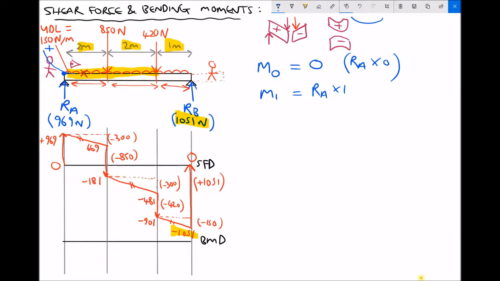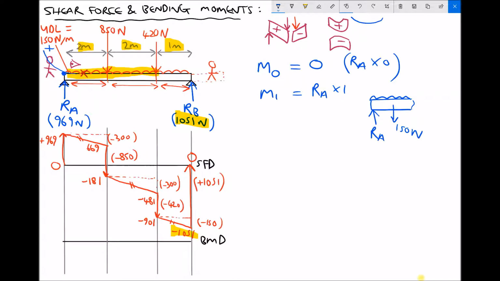So let's do an exploded view of what we're seeing there. When we're stood at 1 meter, we can see RA. We can also see 1 meter's worth of UDL. Well, 1 meter's worth of UDL is going to have an equivalent weight, and we've already said that each meter weighs 150 newtons. So it's going to have an equivalent weight of 150 newtons.